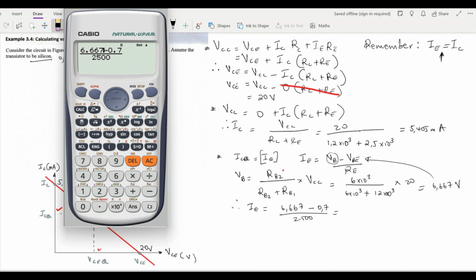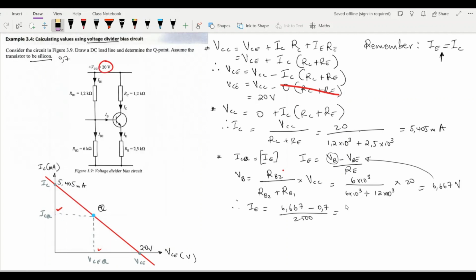Just like that, if we put in 6.667, we get 2.387 milliamperes. This value of IE, the new value of IE, would be equal to the value of ICQ.